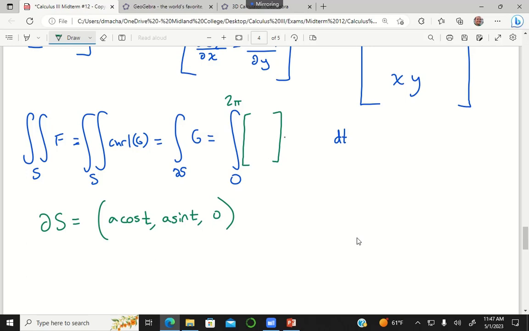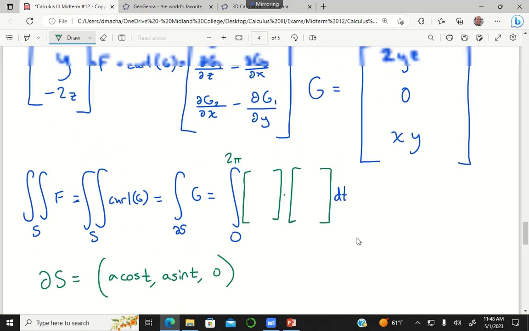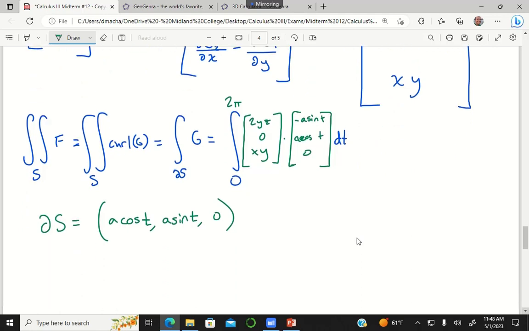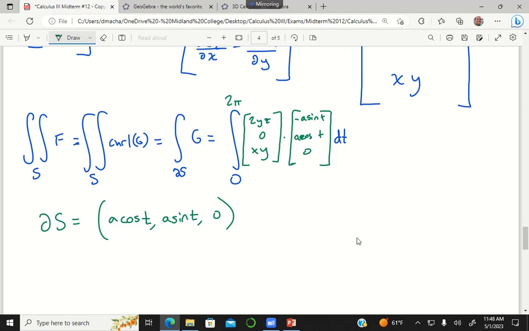Not the parametric curve itself, but just the derivative. And so my g vector field is 2yz, 0, xy. The derivative of my curve is going to be negative a sine t, a cosine t, 0.